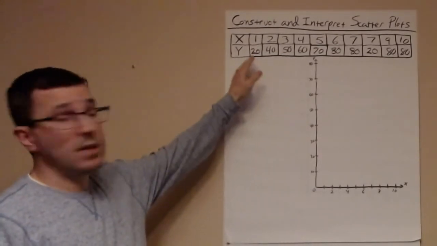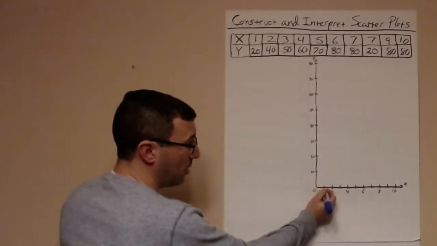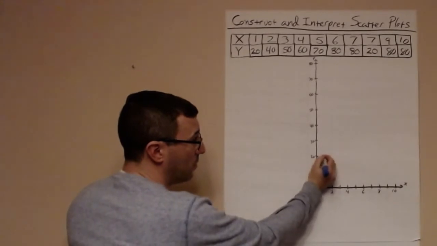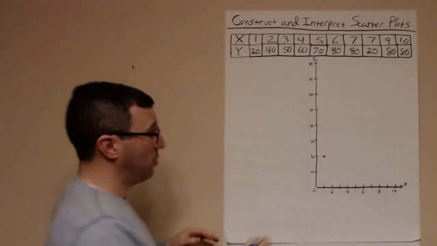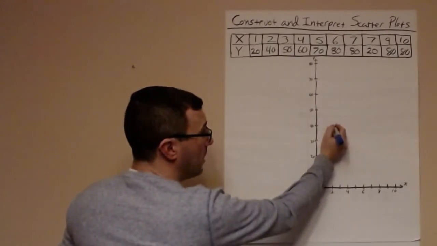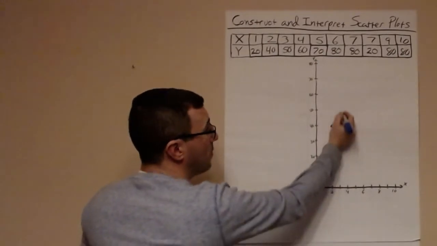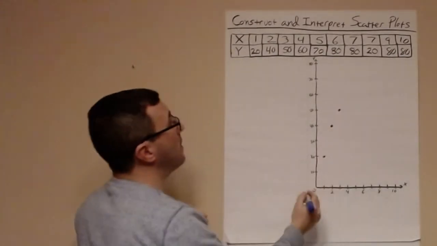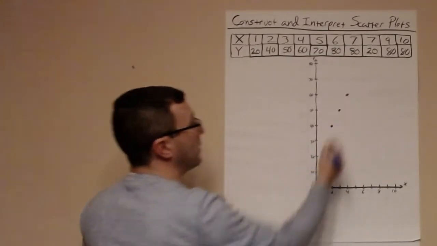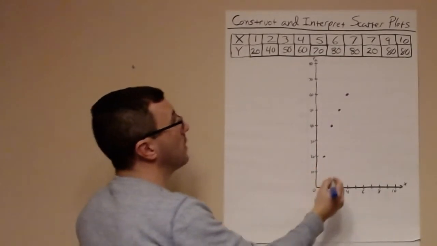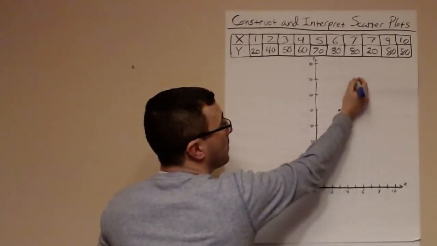So the first thing I'm looking at, 1, 20. So I go here, here's 20. So there's my first point there. Then we got 2, 40, 3, 50, 4, 60, 5, make sure I'm actually on the right one, 70.